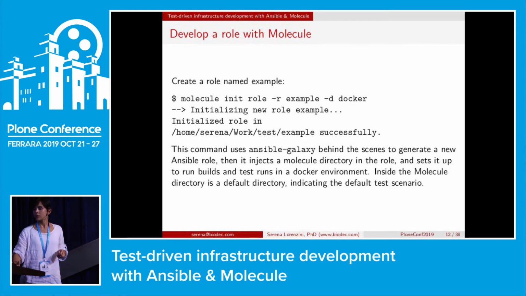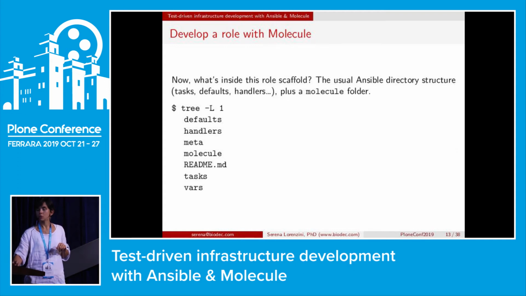I was in the test directory, so now I have an example directory filled with all the directories that Ansible roles have to have, plus other interesting things. Inside this role, we will find a molecule directory, which you always find here and never find when you use the ansible-galaxy command.